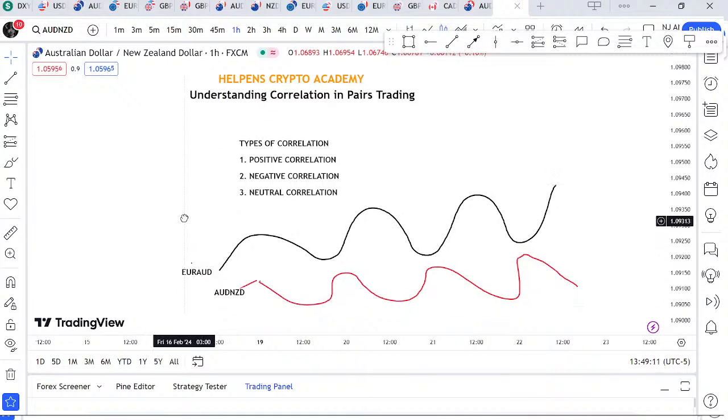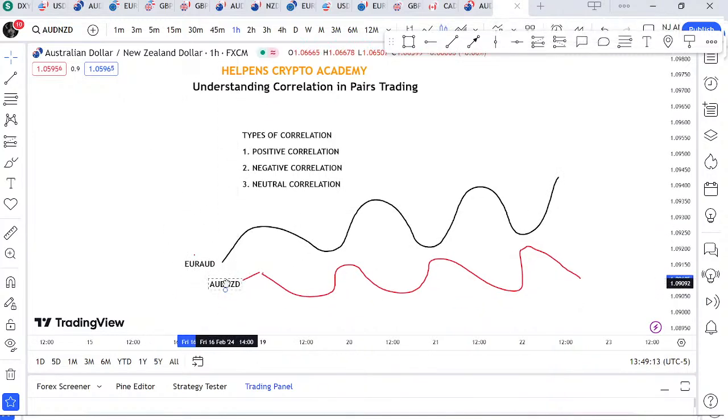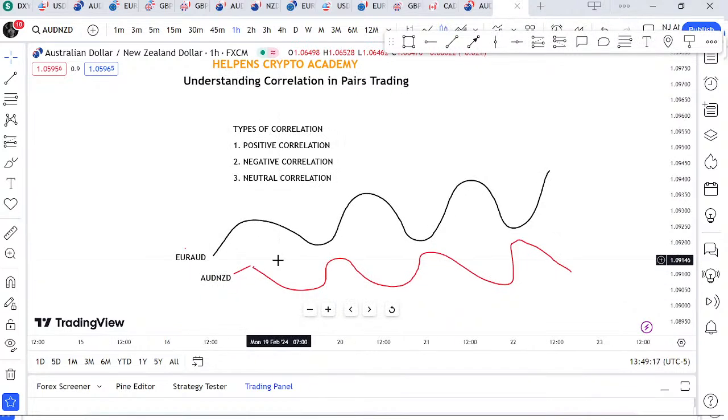These two pairs are negatively correlated. We're going to be looking at this in the chart quickly. Like I told you, we are going to look at chart examples of negatively correlated pairs, and see for ourselves how these pairs are negatively correlated.